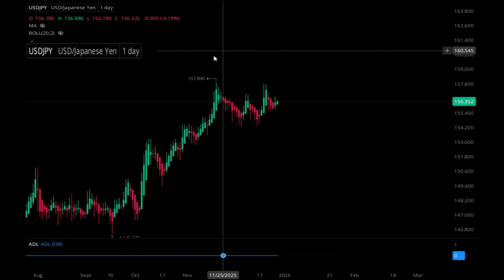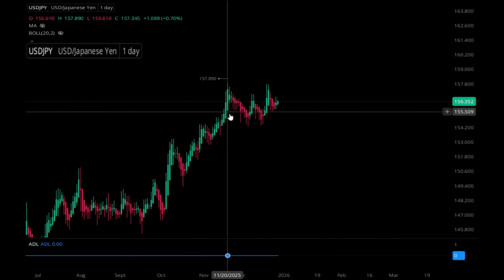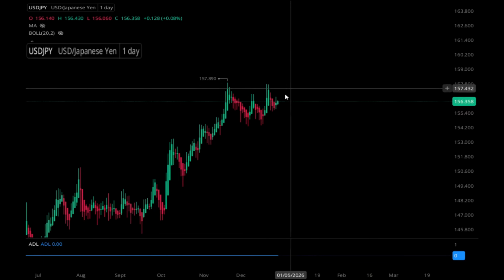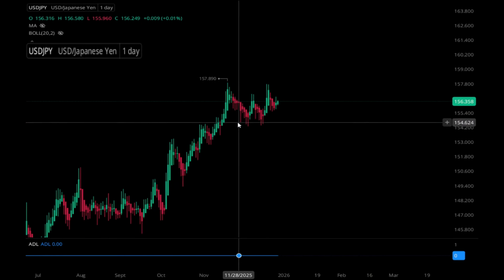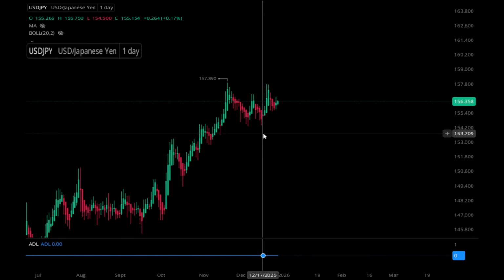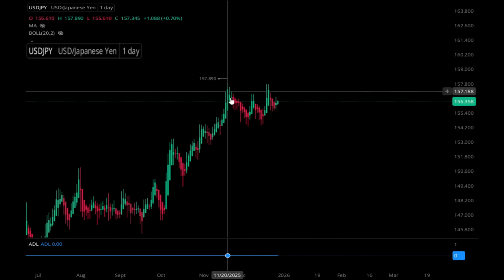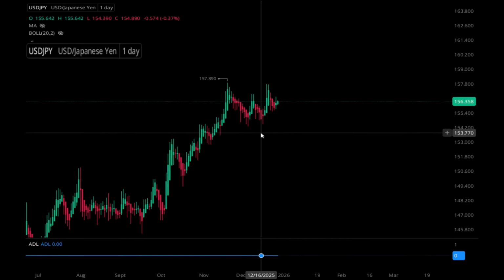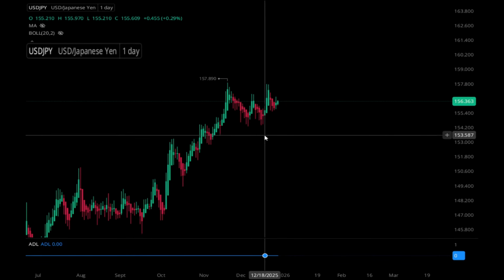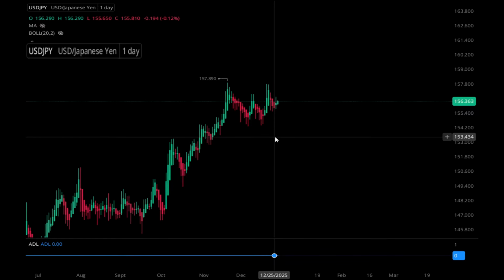With it not dropping, that means it's still heavily, heavily inflicting pain on the Japanese market. This means that Japan is having immense struggles trying to sell treasuries, and I know they've been saying their auctions have been doing very well. I looked at their auctions and they haven't been.